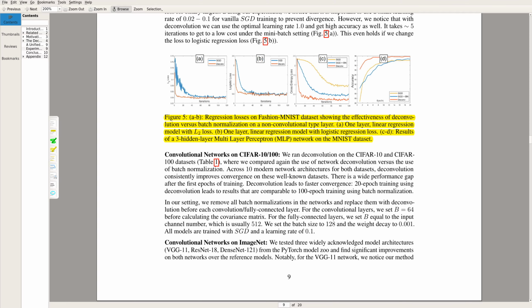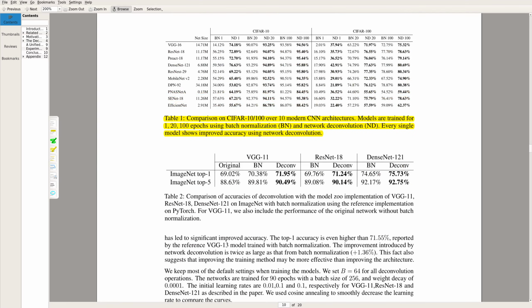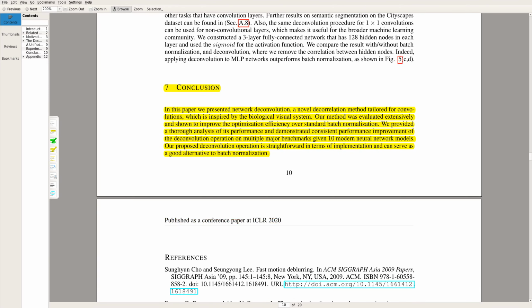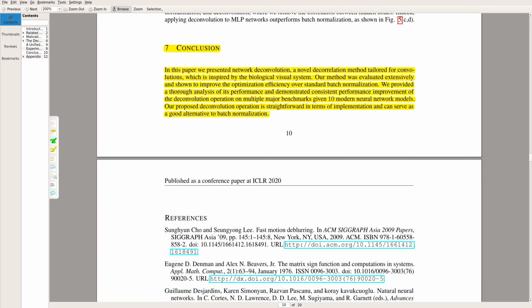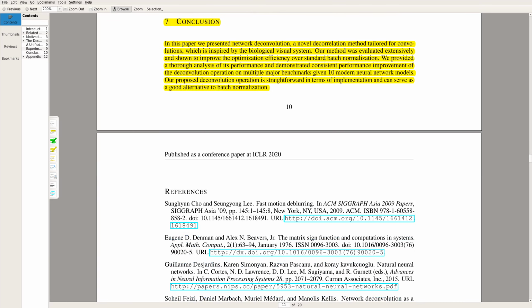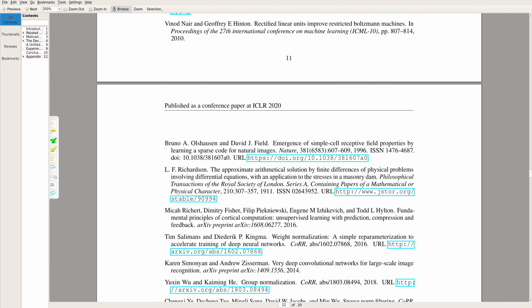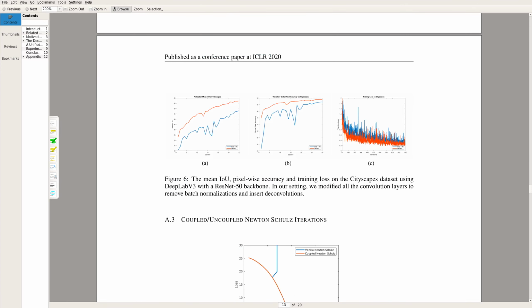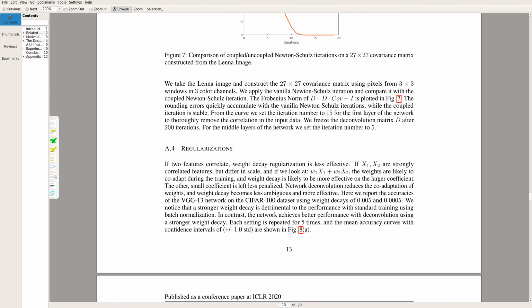They show that they converge faster. They also have this table showing that they are able to achieve a few percent better performance, but more importantly, they can get there faster in wall clock time, and that's actually without some additional performance improvements, for example, calculating this inverse square root on GPU.